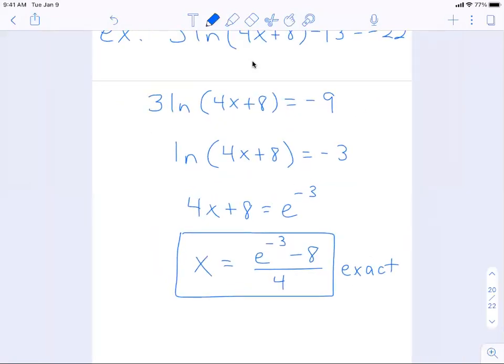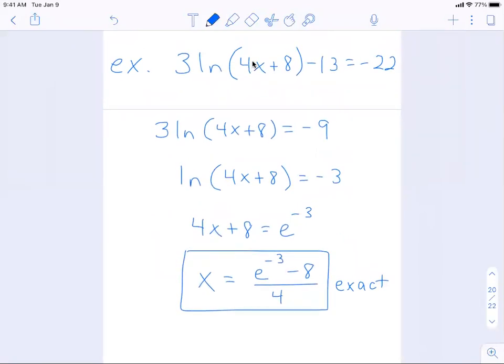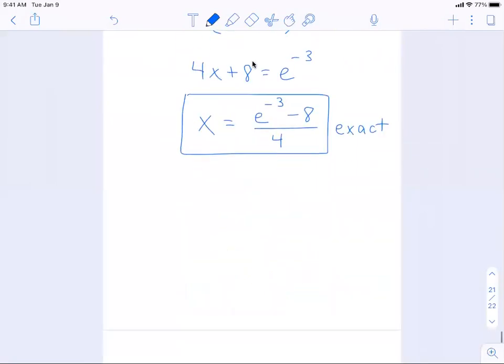You could plug that into your calculator and get an approximate answer, but if you wanted it exactly, it would be in terms of e. Any questions before I move on to another example? Okay.